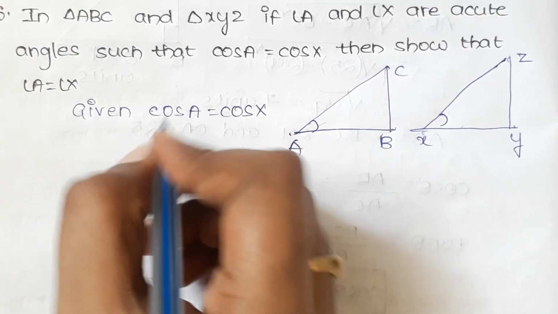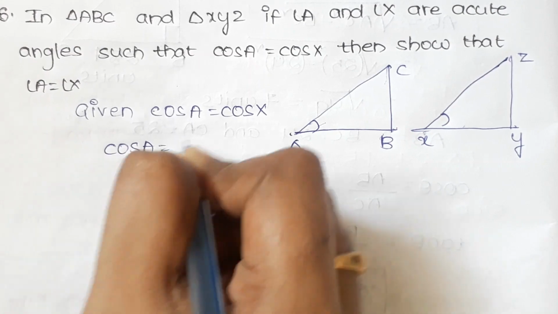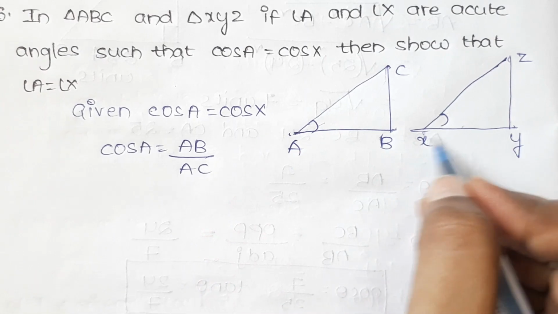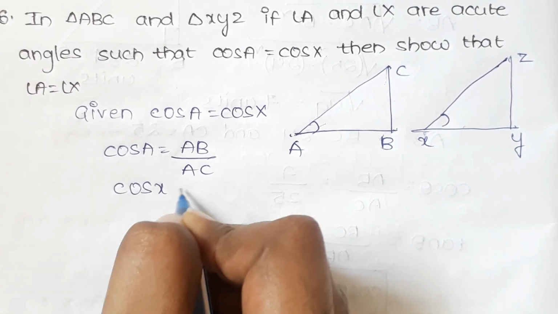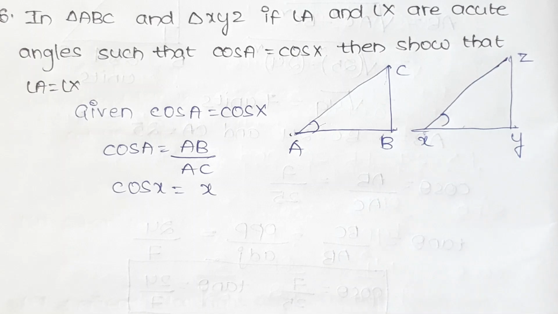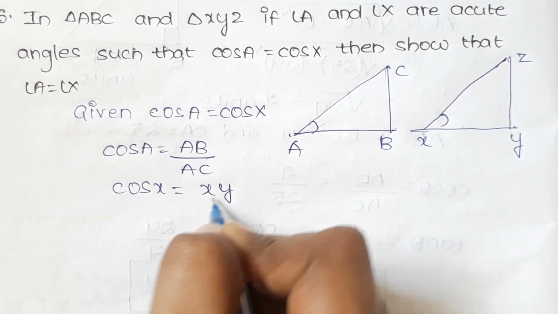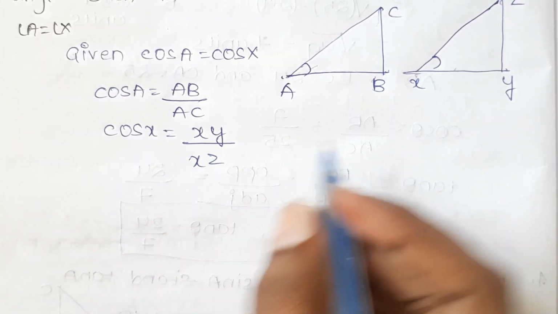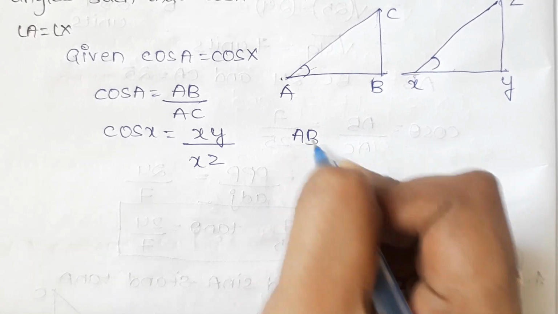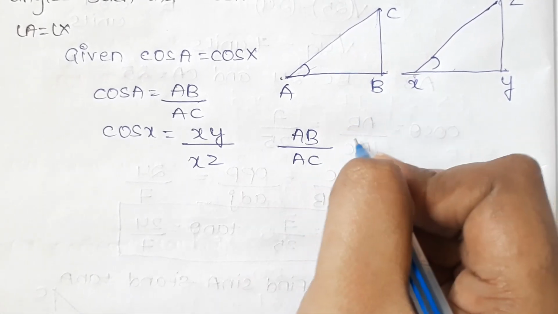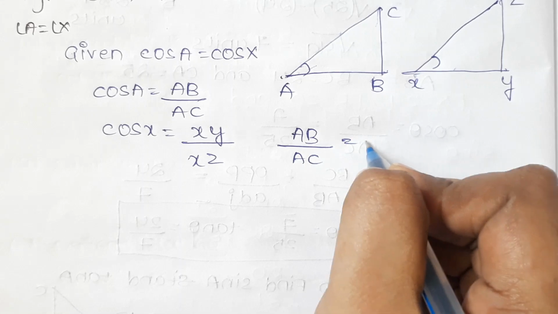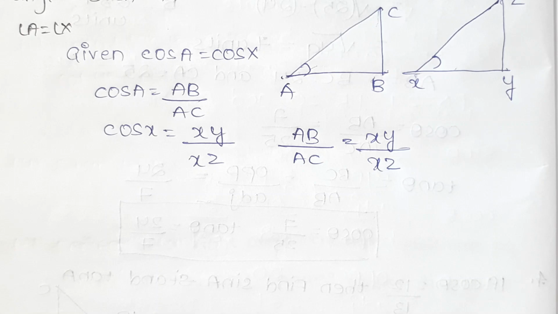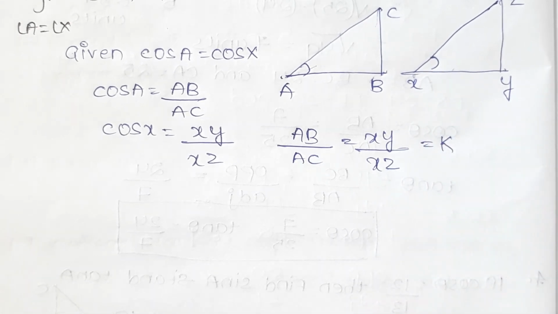And now here we have cos A is nothing but AB by AC, and cos X is XY by XZ. So from the given question, cos A equals cos X, that is AB by AC equals XY by XZ. And now let us assume it as equal to K.